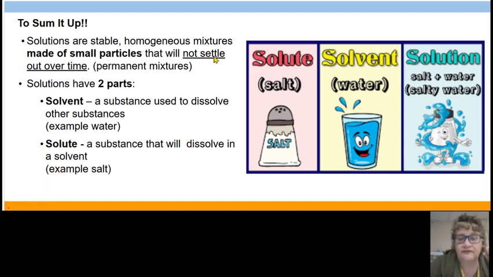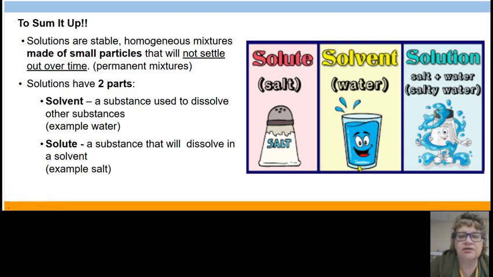Okay. If you put two compounds together and mix them, and you come back later and they're separated, right? That means that they are not a solution. Okay. Solutions have two parts. There's the solvent, that is the substance that's used to dissolve, right?